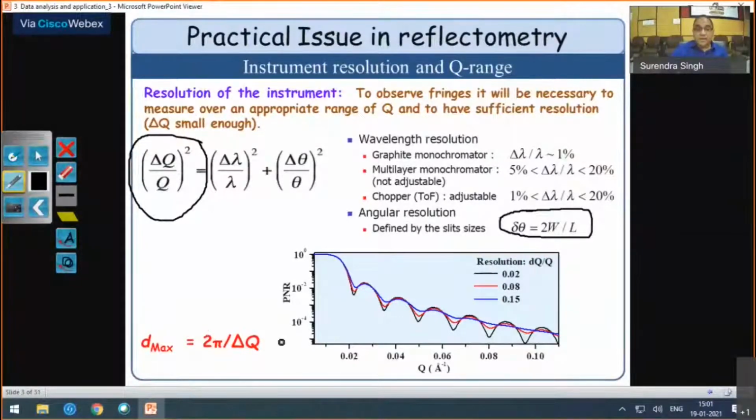And as I said, the maximum thickness, again I'm saying this is single layer thickness on a substrate, not the multilayer thickness, is the maximum thickness we can study from any instrument, and it depends on the resolution of the instrument: again 2 pi by delta Q. So these two things are very important.